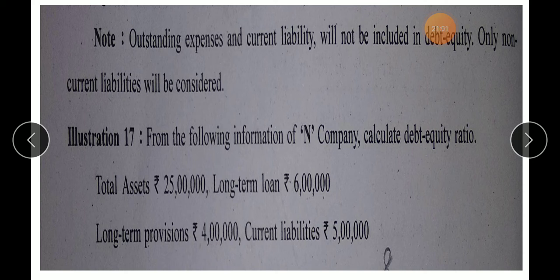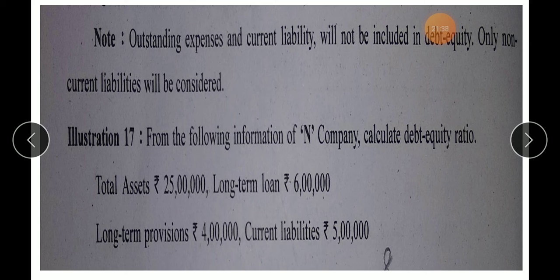Now, another question is, what does the liabilities side consist of? It is shareholders' funds, long-term liabilities and current liabilities. So long-term liabilities and current liabilities together are 6 lakh plus 4 lakh, 10 lakh, plus 5 lakh, 15 lakh. And the total of liabilities side is 25 lakh because the total of asset side is also 25 lakh. So out of 25 lakh, if 15 lakh is of liabilities, what about the remaining?